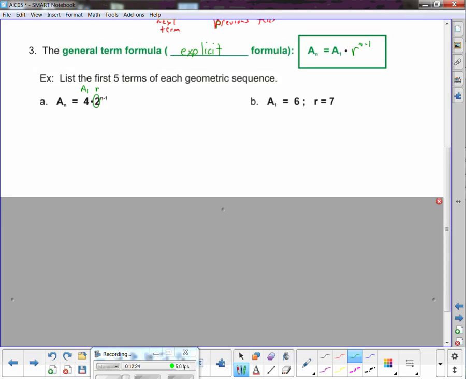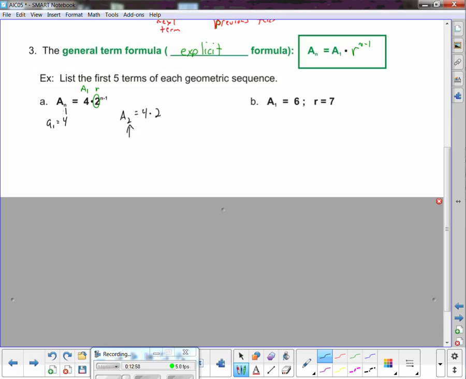Therefore, if I'm going to start writing out, a sub 1, I know is a 4, right? Let's come off to the right here. Let's figure out a sub 2. How do we do it? We do the 4 of the formula times the 2 of the formula. What's the value of n? 2.